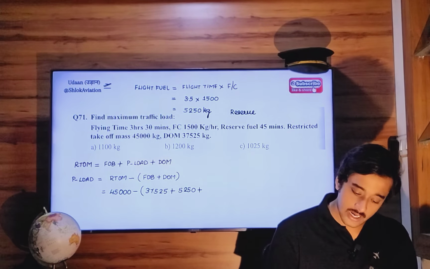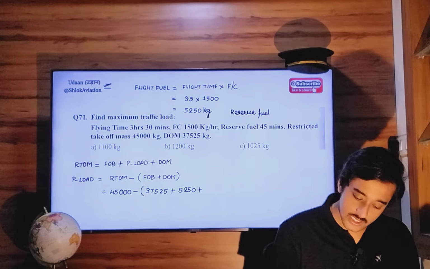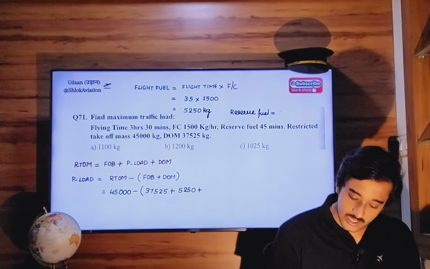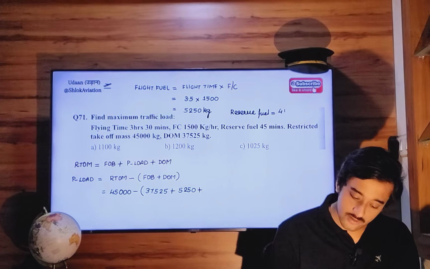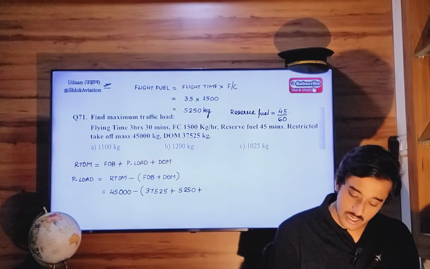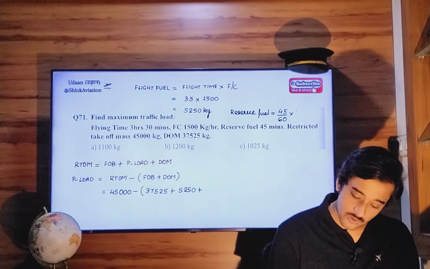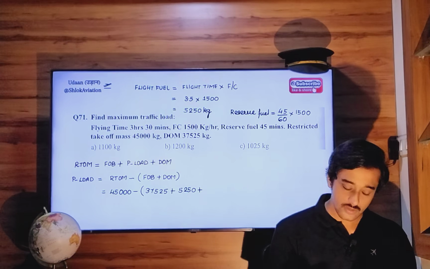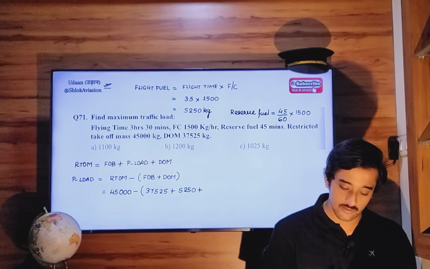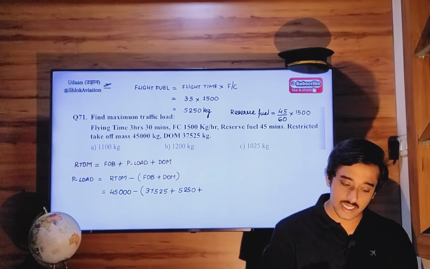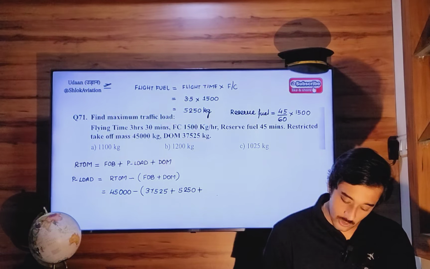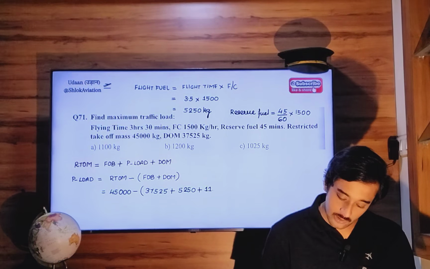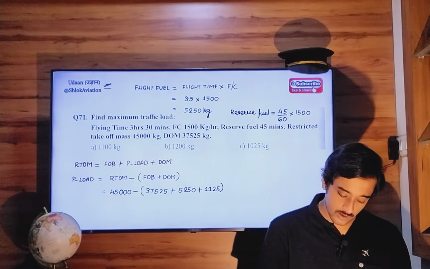So we are going to add reserve fuel also. Reserve fuel is 45 minutes, so convert that into hours. 45 divided by 60 multiplied by fuel consumption of 1500 kilogram per hour. 45 into 1500 divided by 60 is 1125. So I'm going to also add reserve fuel here, 1125.